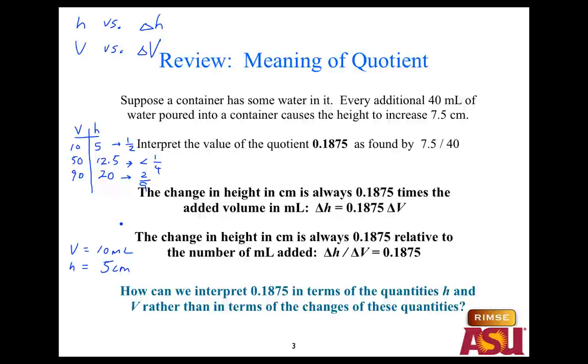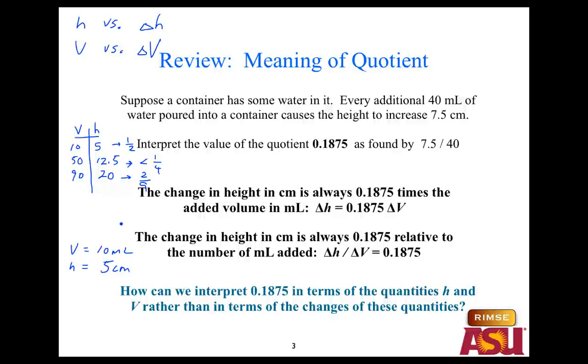Back to my question: can we interpret the 0.1875 in terms of H and V, like with a statement like we're making here? Can you say what that 0.1875 is? Anyone thinking that we can? Because we can. If you make assumptions about where the height and the volume started out, you said they both started out at 0.